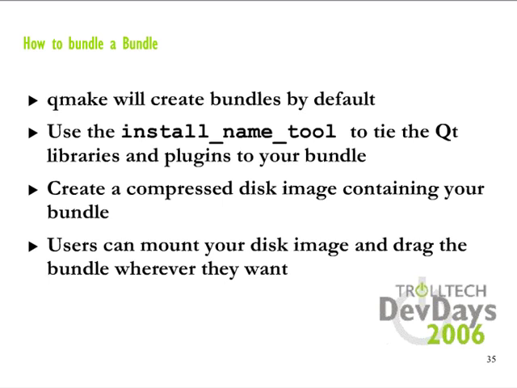I omitted all the command line arguments to install_name_tool, because if you read the deployment documentation at doc.trolltech.com, or if you open Assistant, if you read the Qt documentation, we have quite extensive documentation on how to actually copy Qt, where to copy Qt in there, and then tell the bundle that Qt is inside of this bundle, use this Qt version from that bundle. So once you copied the Qt libraries or your plugins or your resources into that .app folder, you have one folder, and this is your application.